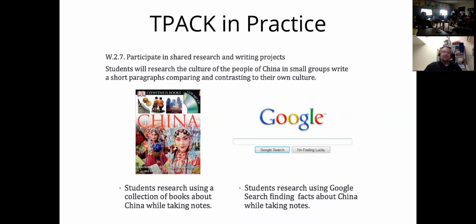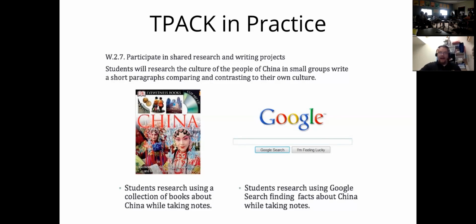If we take it a step further, let's look at actually starting with a standard and a learning objective, saying that in second grade, the students should participate in a shared research and writing project. So the objective would be that students will research the culture of the people in China in small groups, and they'll write short paragraphs comparing and contrasting the Chinese culture with their own.